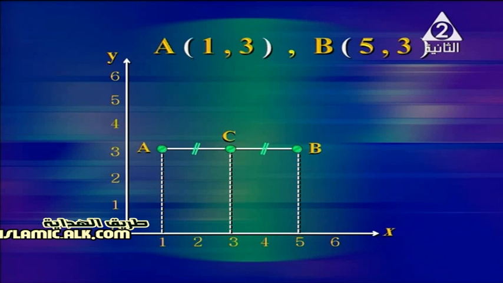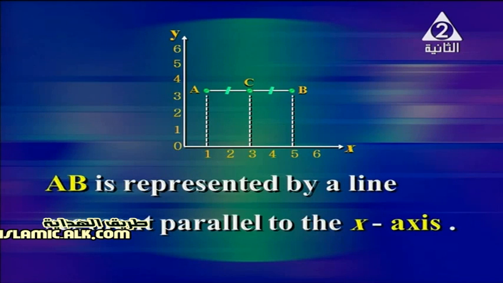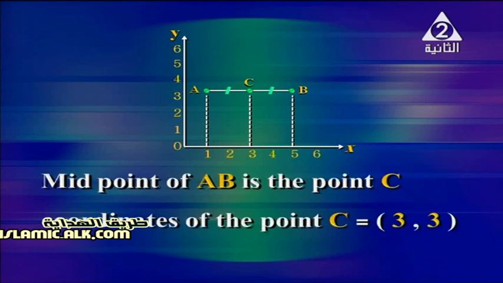You are going to notice that the point C will be (3, 3). This means that AB is represented by a line segment parallel to the x-axis. Then, the midpoint of AB is the point C, whose coordinates are (3, 3).